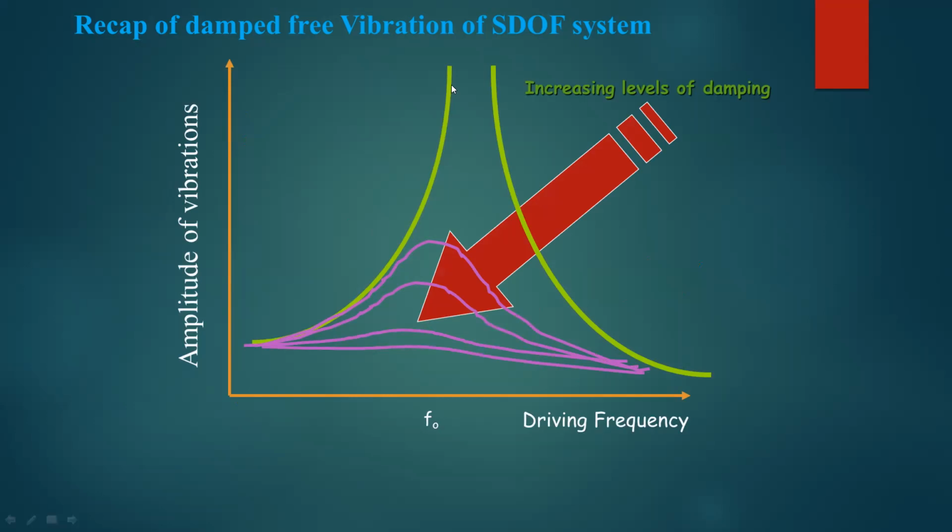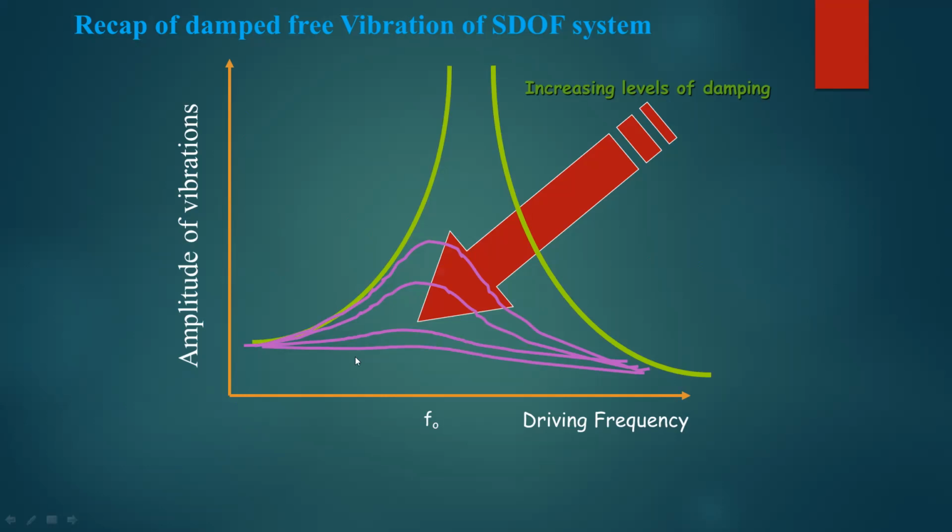This indicates the amplitude will go to infinity. These two almost green lines indicate that if we leave the system with no damping, then the amplitude will go to infinity and resonance will occur on the system. To avoid that, we have to provide some damping. As the level of damping increases, the amplitude decreases like this.